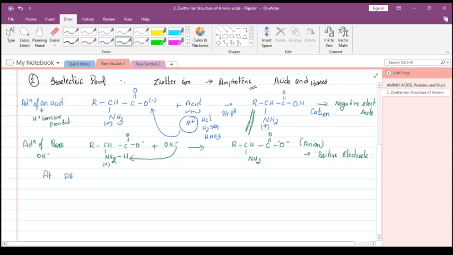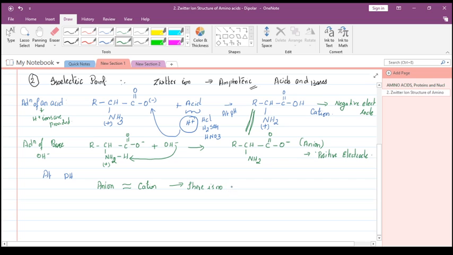Such a pH at which an amino acid does not migrate in an electric field is the isoelectric point of that amino acid. So if the concentration of anion is equal to the concentration of the cation, there is no migration.